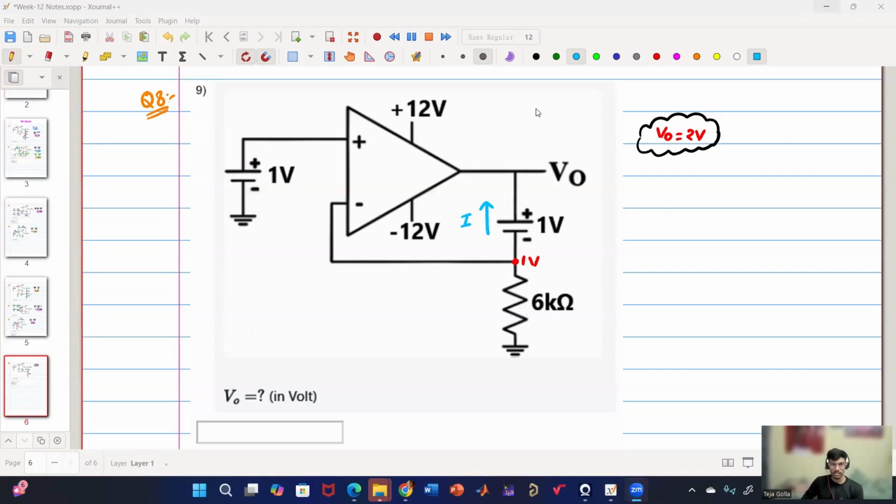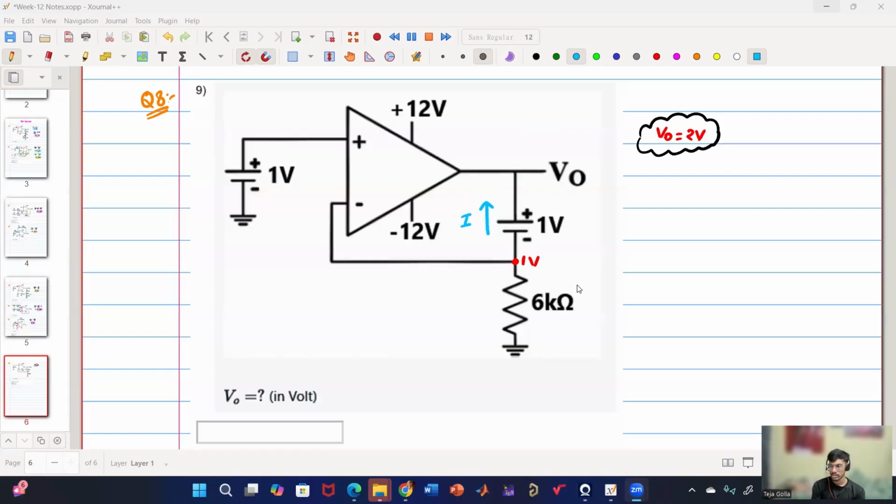So this is not asked in that question, but I am asking you. What will be the value of I? So Nandini says minus 0.166 milliampere. Let us wait for others whether they are getting the same answer or not.